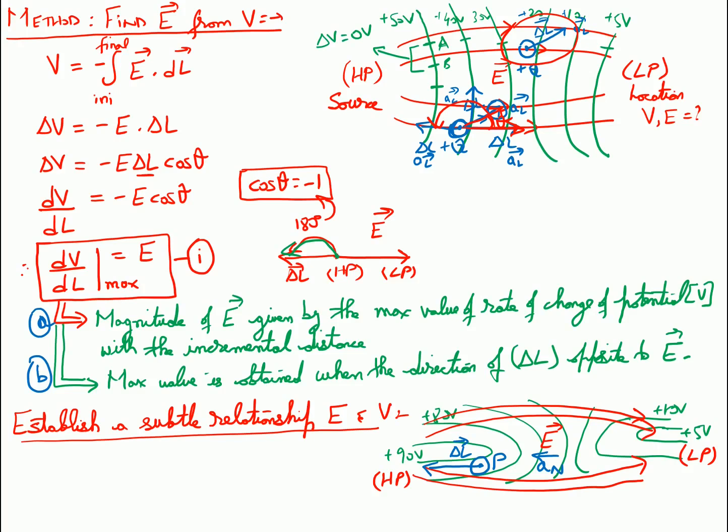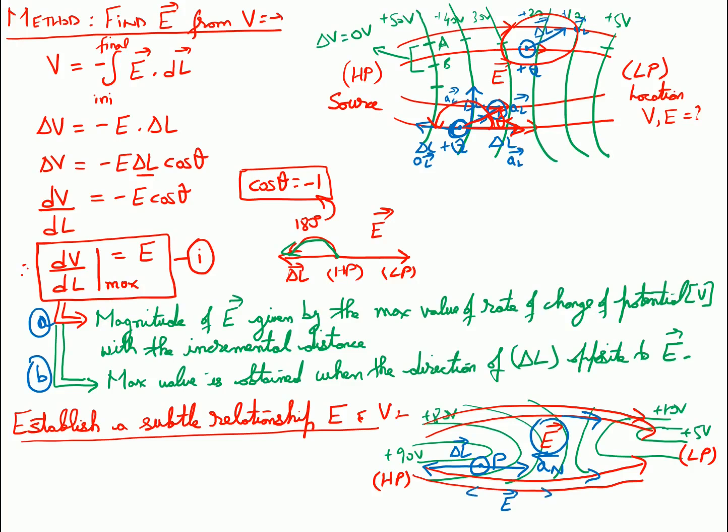And if we want to find the electric field, we know that its direction is always opposite to the small incremental length L. So if we move from point B towards the right, we can see that the electric field is moving towards the right, so this is the direction where the maximum E is going to be.